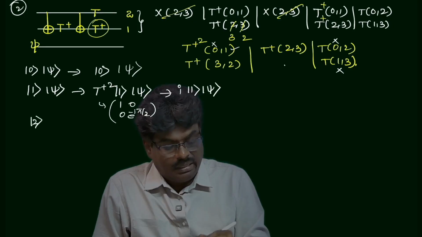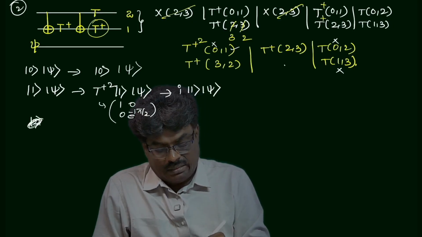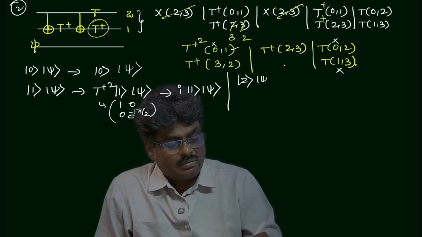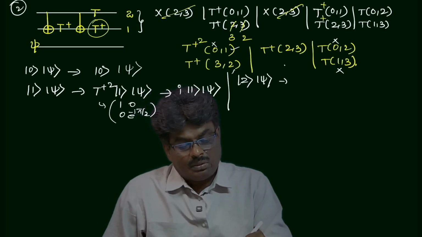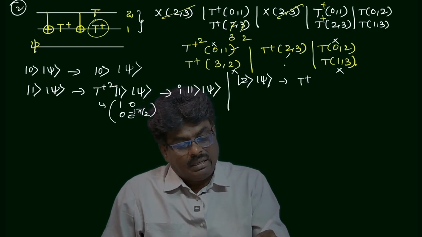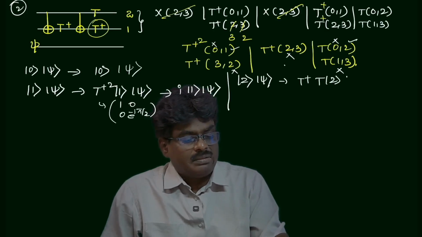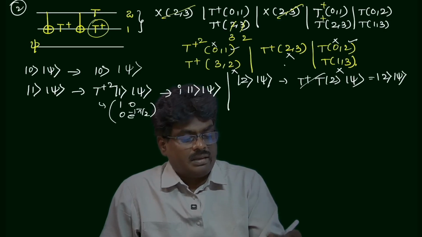Next second, let me write here, here 2 is on, that's why T dagger, here 2 is off, and here again 2 is on, T. It's very easy. So this is again 2 psi.